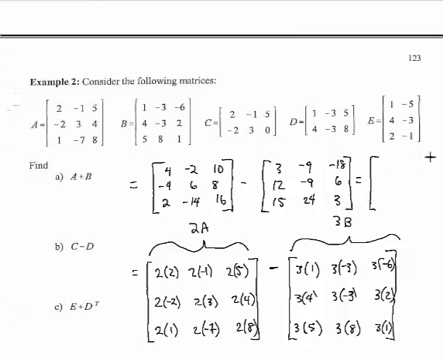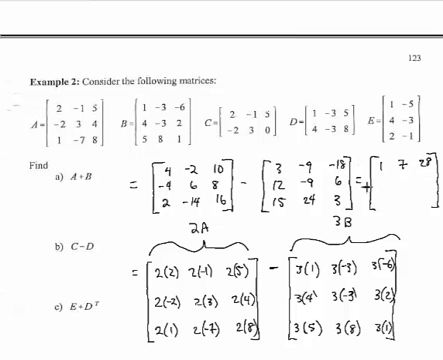I want to subtract these numbers. If I do this in my head, 4 minus 3 is 1. Negative 2 minus negative 9 would be 7. 10 minus negative 18 would be 28. Minus a negative 18 is plus 18, so 10 plus 18, 28.